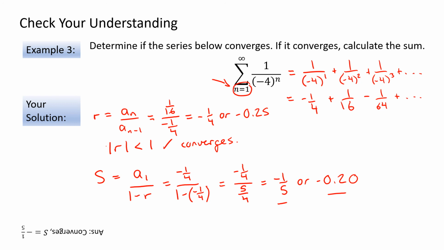So we see that the sum of this is actually a negative number. Okay, so it actually converges to -0.20. And when you start looking at these sums, you can start to realize that the first term, especially in this type of series, is always going to be the largest, because as the denominator increases, these numbers get increasingly smaller.